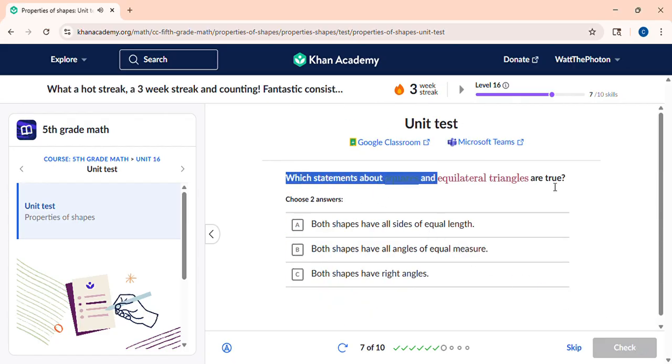There we go. Which statements about squares and quadrilaterals are true? Both have sides of equal length. I don't know, both have shapes.